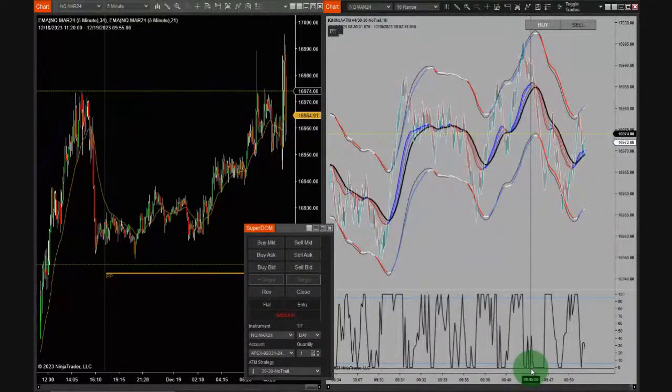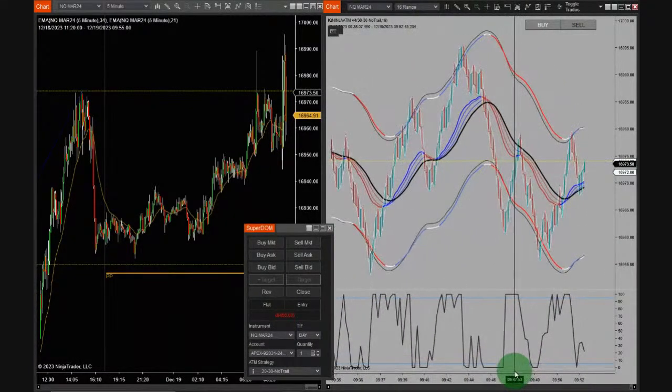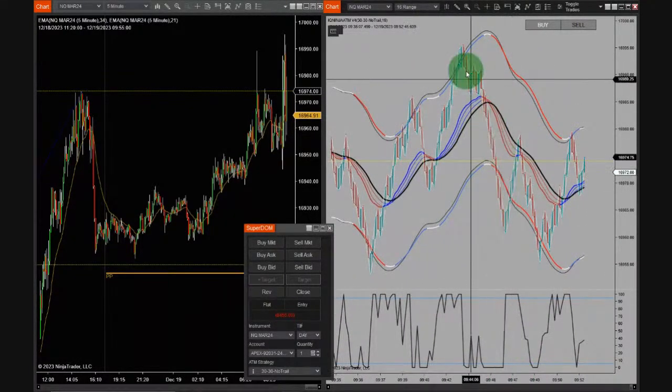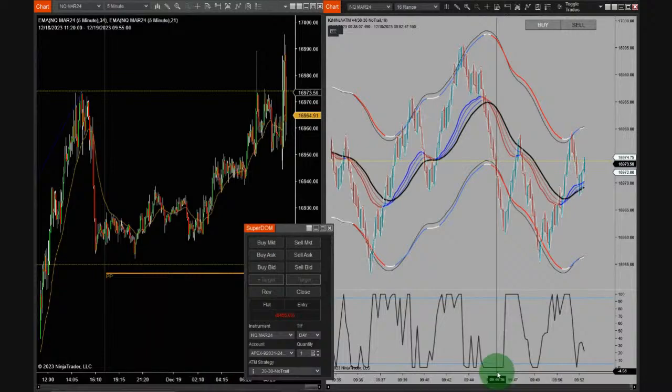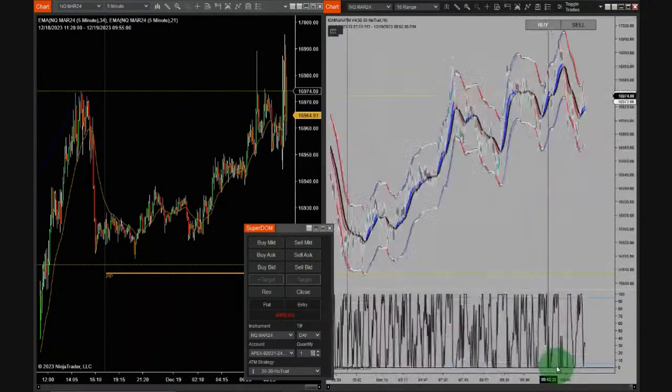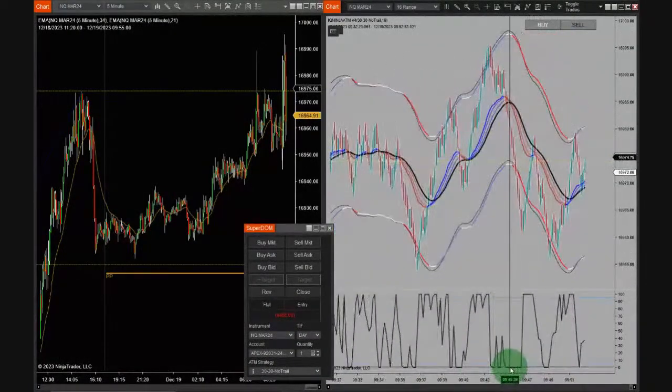Now, this market's true colors might be to be going higher, and this was just a deeper pullback. Also, notice we're very rangy, very flat.